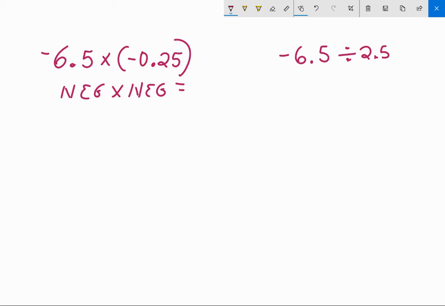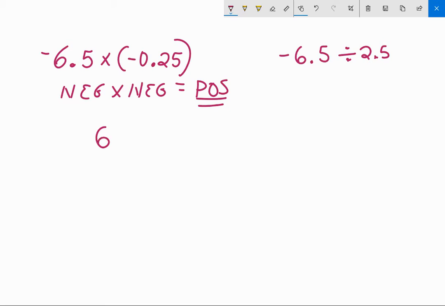These are the same signs because they're both negative, so the answer is going to be positive. I can ignore the negatives now, just making sure my final answer is positive.